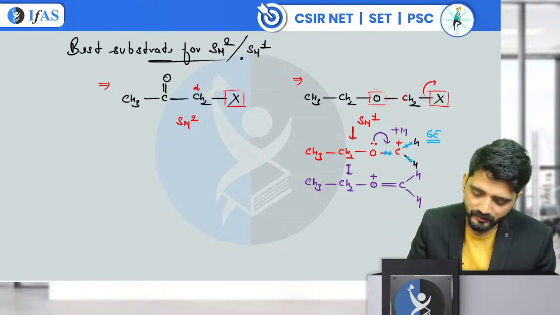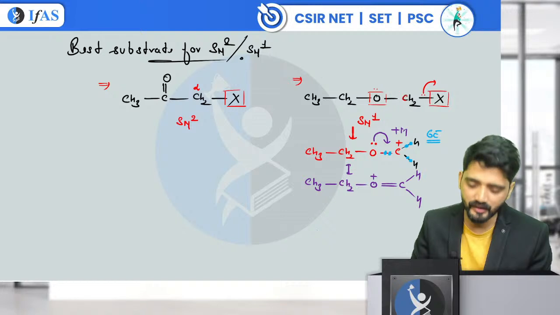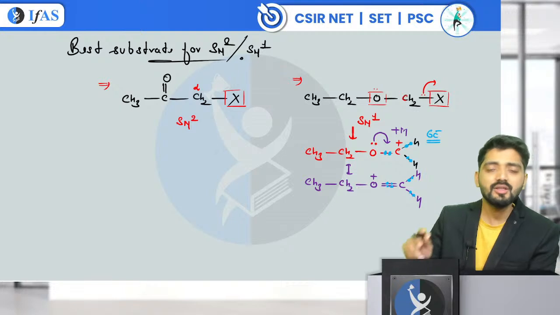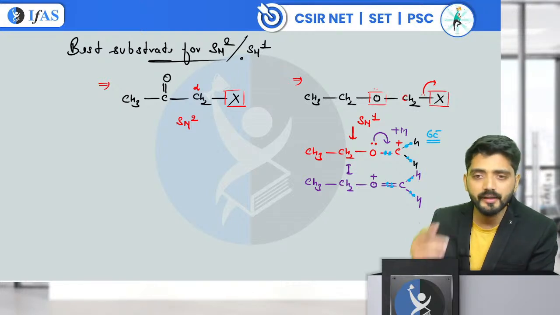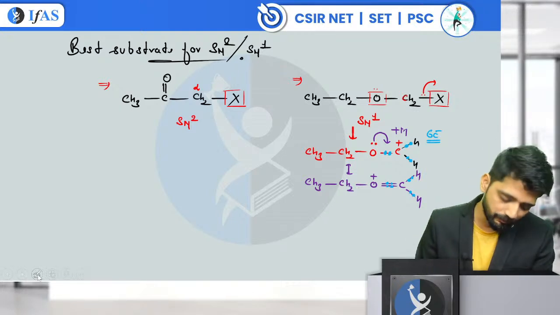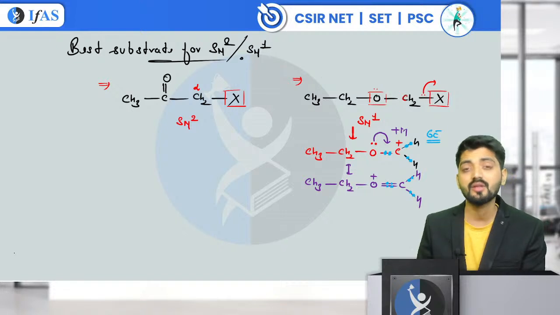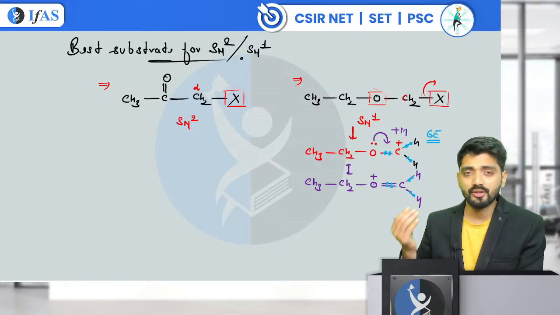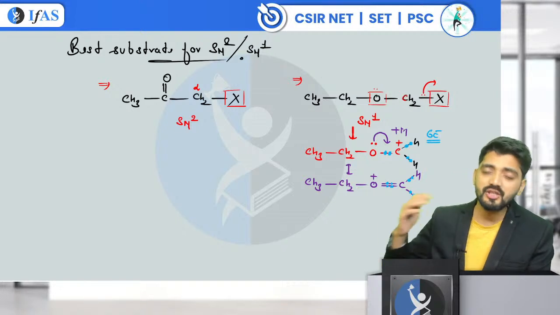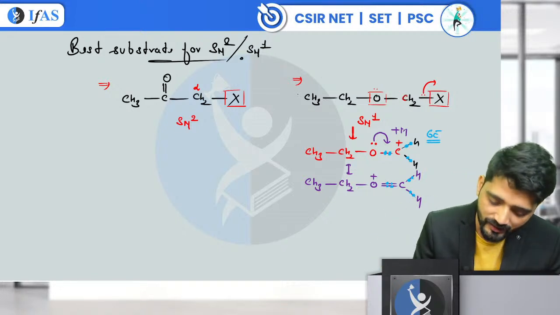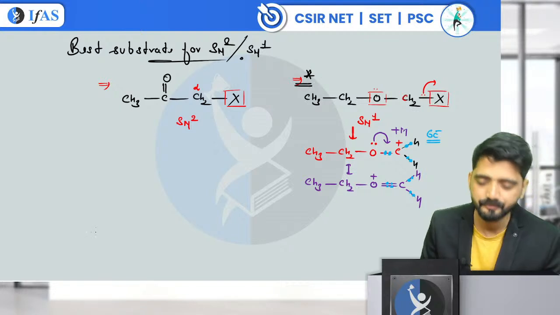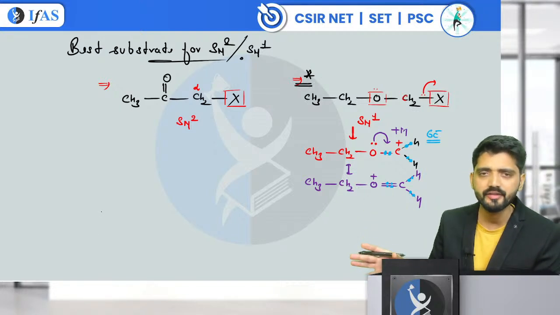But once the plus M effect has worked here, now we have 1, 2, 3, 4, 5, 6, 7, 8. Each and every atom has a complete octet here. That's why a plus M effect is the strongest effect in order to stabilize a carbocation. If the carbocation is stabilized to such a higher extent, that's why this is called the best substrate for an SN1 reaction. I hope you got this concept.